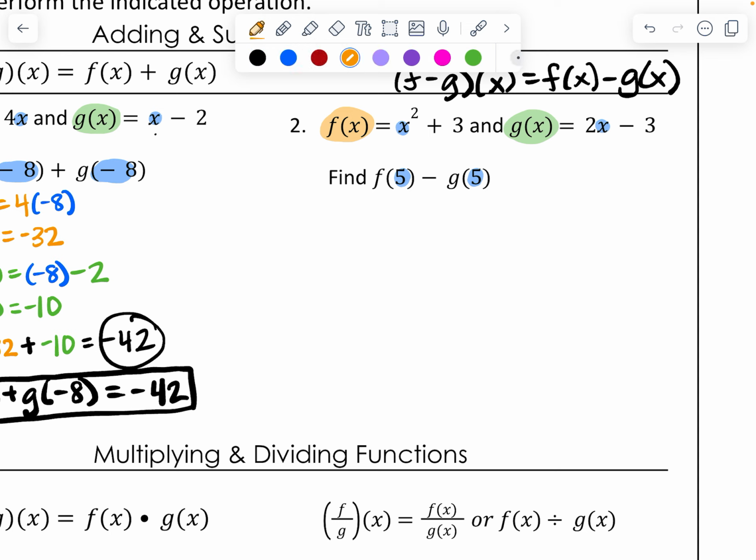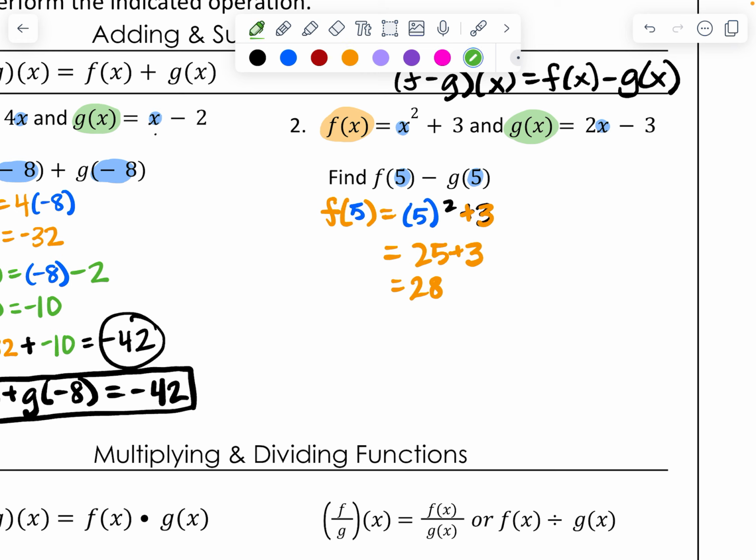So let's evaluate f of x first. F of 5 equals 5 squared plus 3. So this would be 25 plus 3, which is 28.